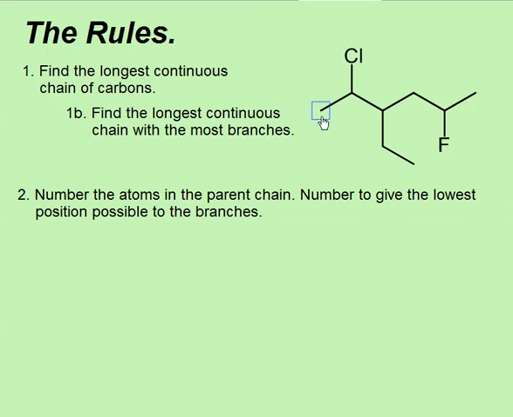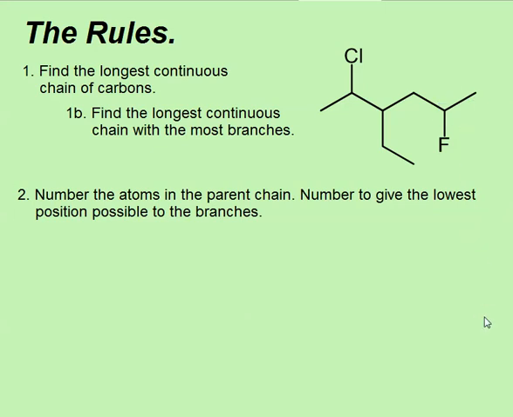So we're either going to start here or start here, because we decided that this was the longest chain with the most branches. If we start on the left, then we see the first branch, the chlorine, at carbon number 2. But we get the same answer if we start on the right and count backwards. The first branch, the fluorine, from this side, would also be on carbon number 2.